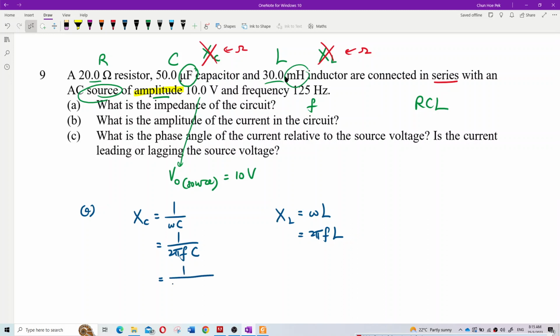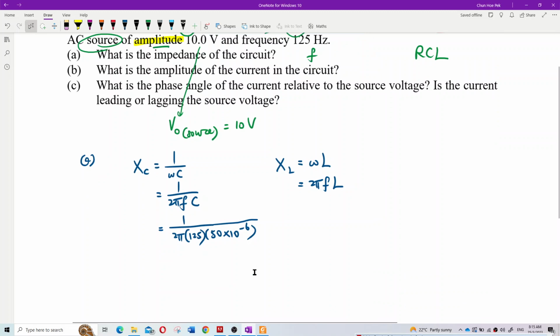So now, 1 over 2 pi, frequency is 125, and C is 50 microfarad, micro is exponent negative 6. Okay, so what's the value? Let's calculate.